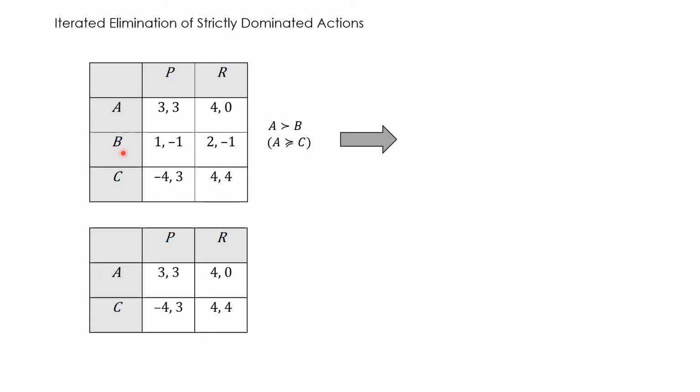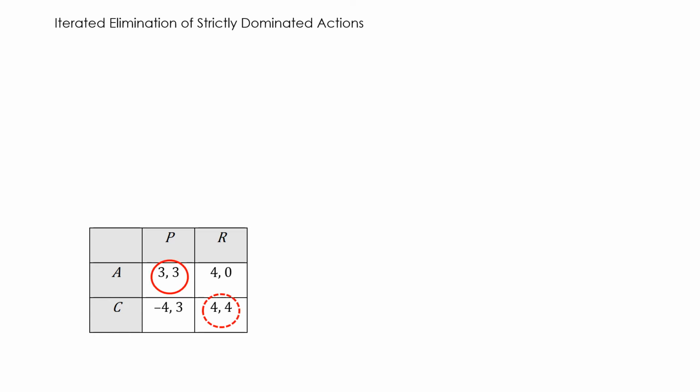Now, since B is strictly dominated by A, we can also remove this row from the payoff matrix, resulting in an even simpler payoff matrix here. It should be noted that after the application of this elimination of strictly dominated actions for both agents, the Nash equilibrium points were never eliminated. That's an important observation.